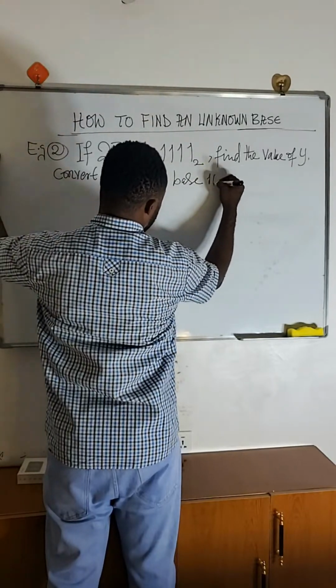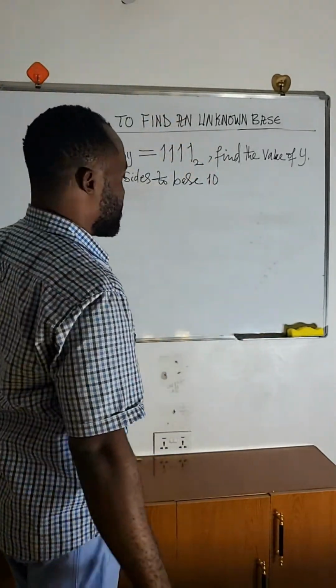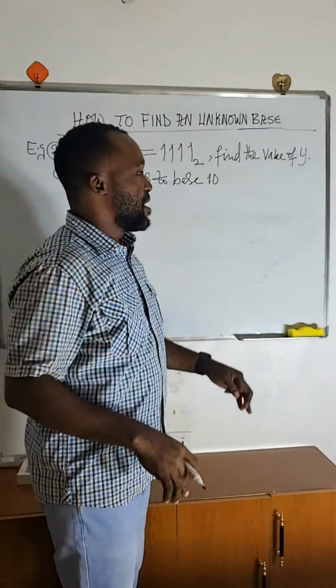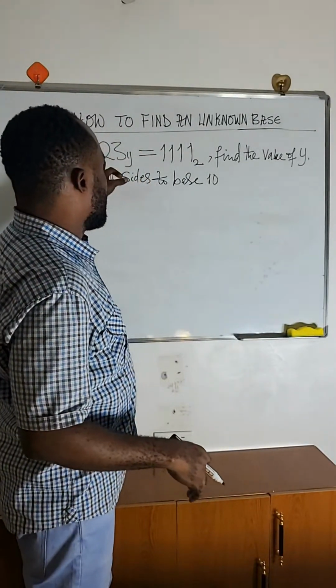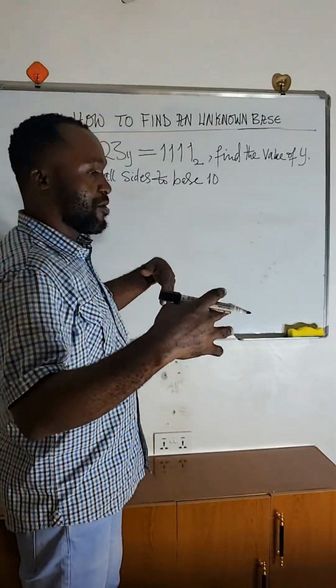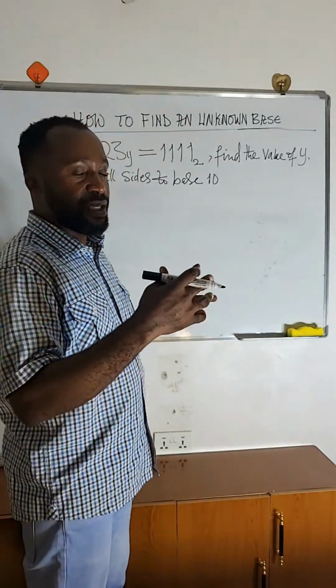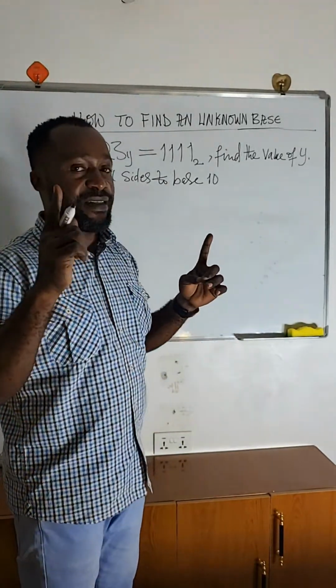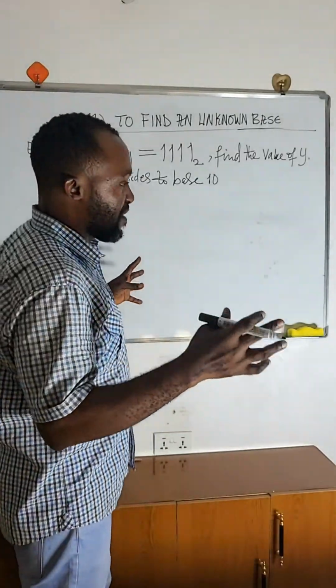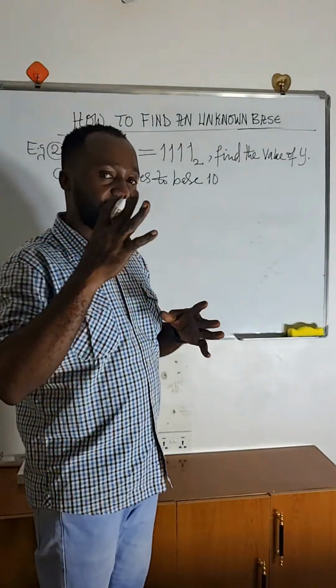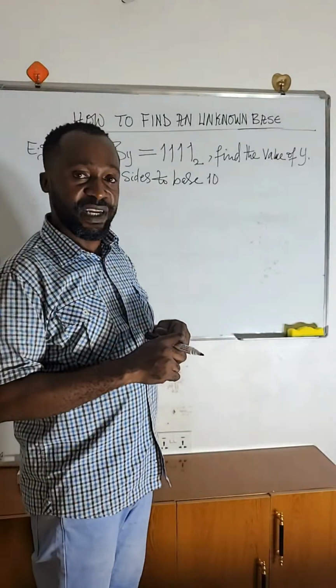That's the first step, just like we did in the other one. Anytime you are given a number or numbers on both sides with bases other than base 10, you have to first of all convert them to base 10 before you do anything.